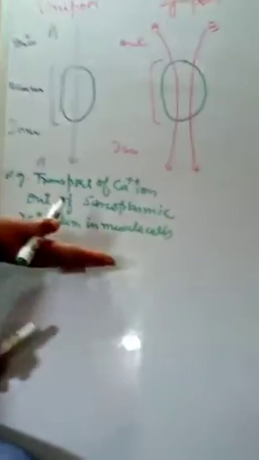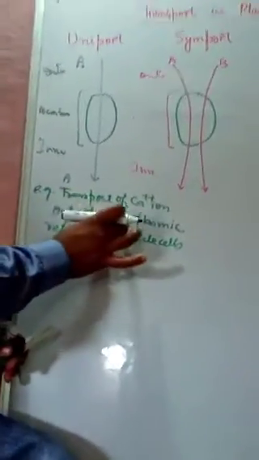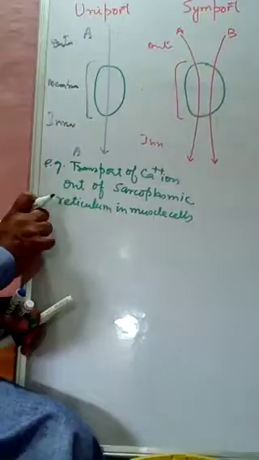When these are transported out, the muscle cells get relaxed. So it is the transport of calcium ions out of the sarcoplasmic reticulum in muscle cell.